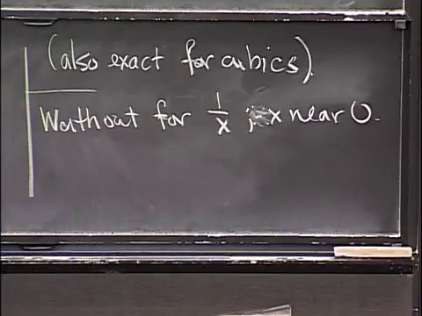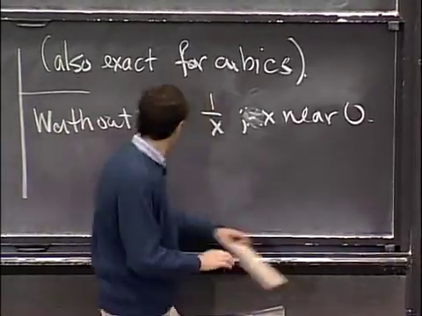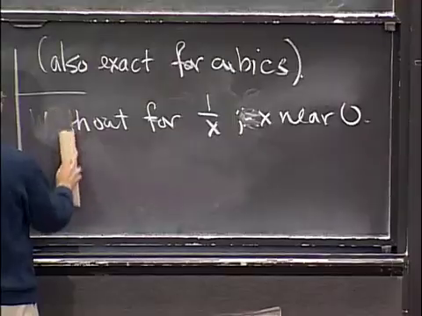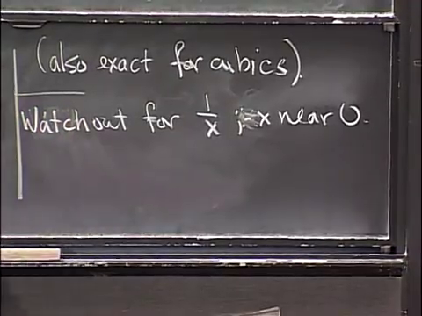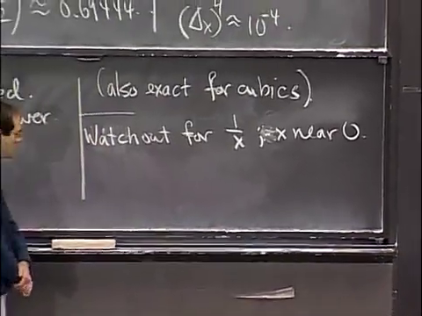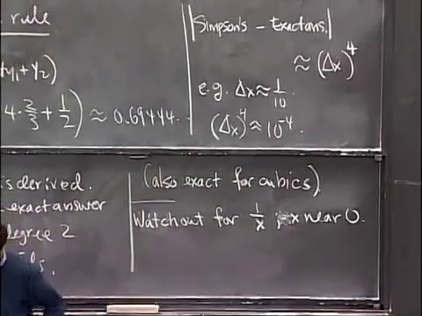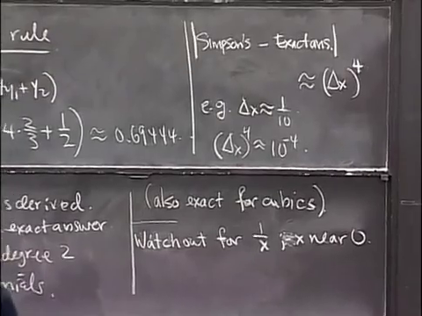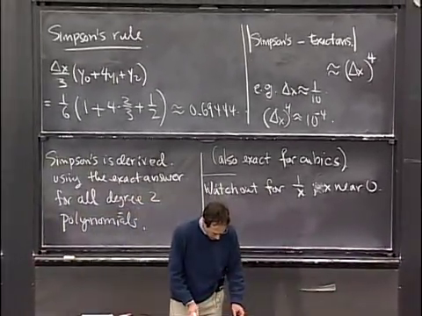You really need for the function to be nice and smooth in order for Simpson's rule to work. Watch out whenever x is near x equals 0. Then this thing doesn't work. This thing really depends on bounds on derivatives. But I'm going to be relatively vague about that. I'm not attempting to give you an error analysis here.